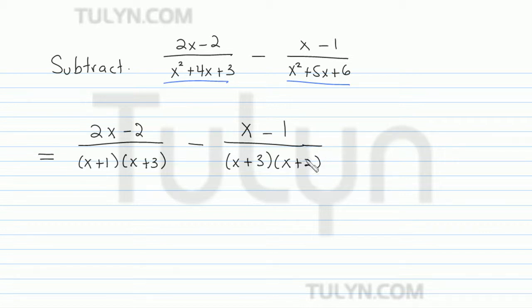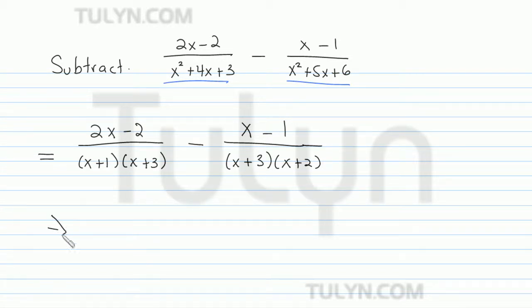Let's check just to make sure. So FOILing this back in, we get x squared plus 3x plus 2x plus 3 times 2, which is 6. So yeah, that gives us what we want.